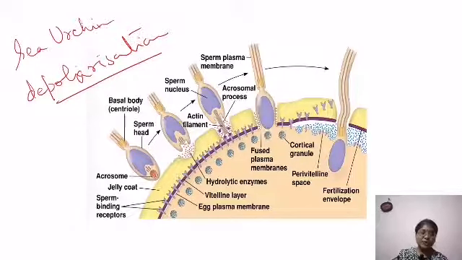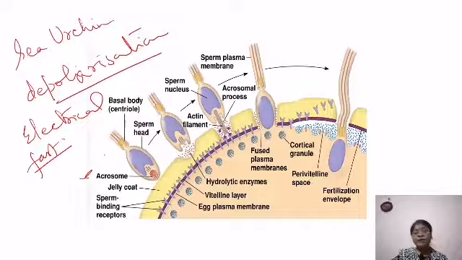And why is it electrical in nature? First of all, you understand that it is electrical in nature, and it is a very fast process. This is called fast block polyspermy.